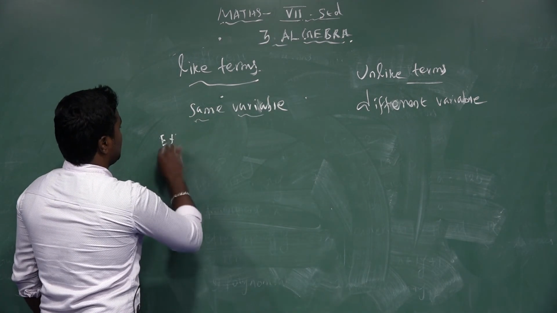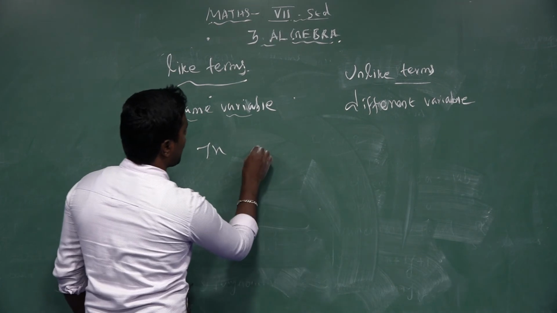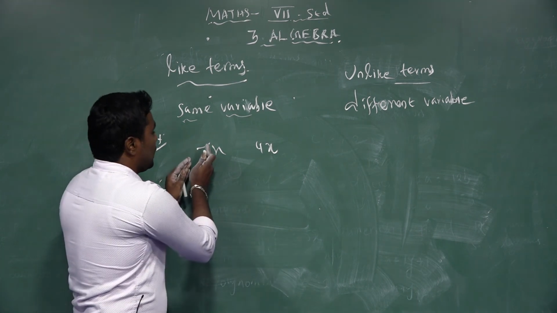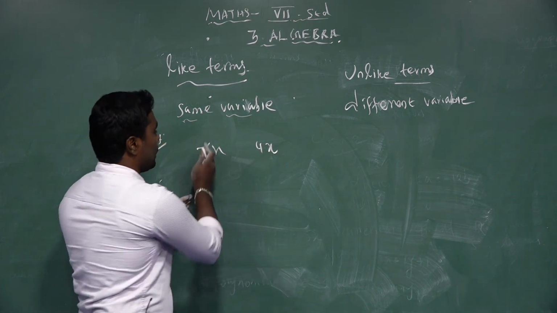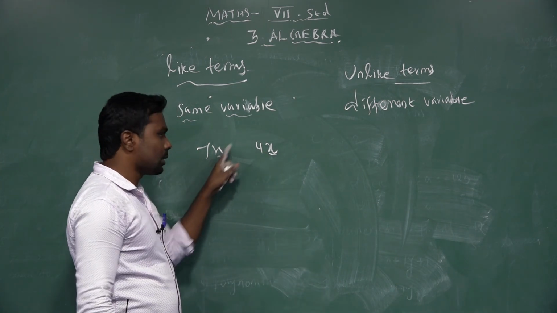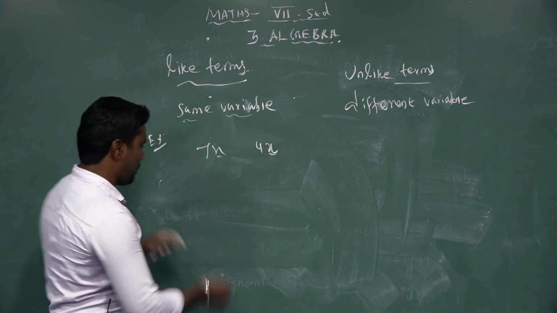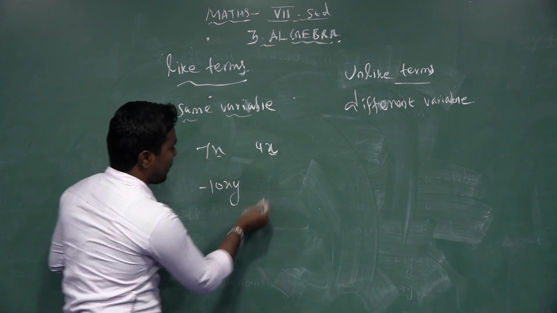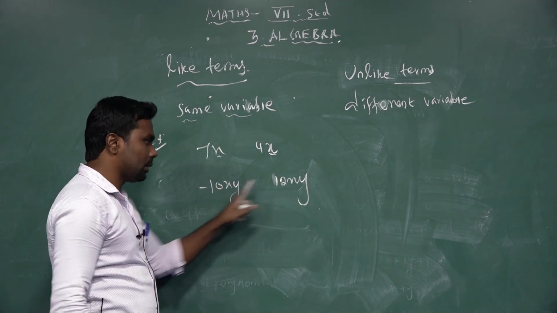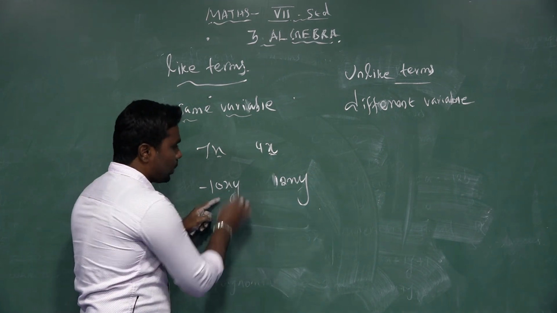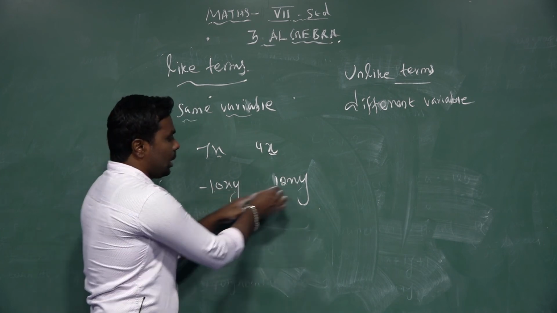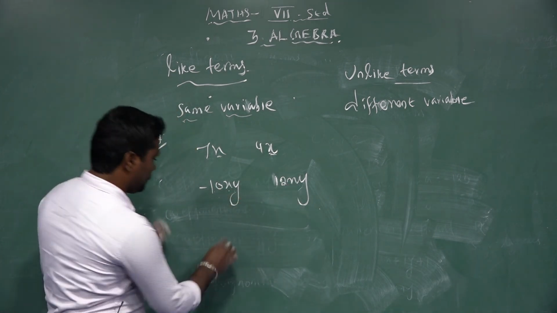For example, 7x and 4x. Omit the numbers 7 and 4 and look at the variables: x, and here also x. So 7x and 4x are like terms. Minus 10xy and 12xy: omit the numbers, the variables are xy and xy, so they are like terms.